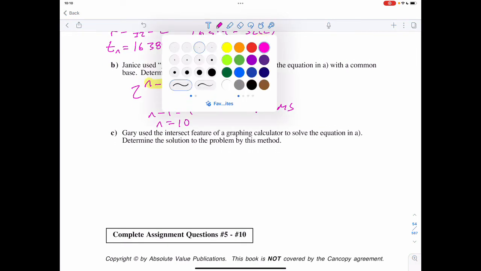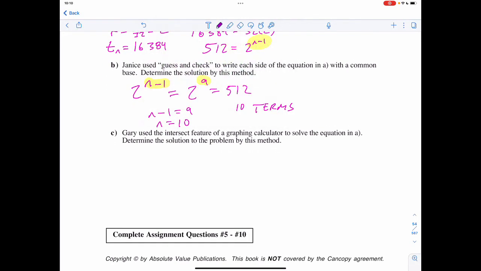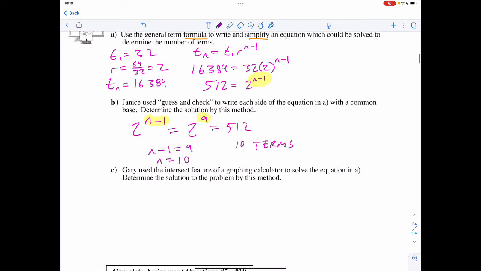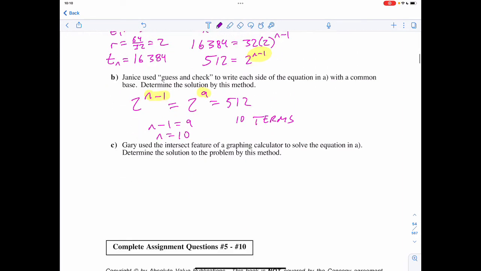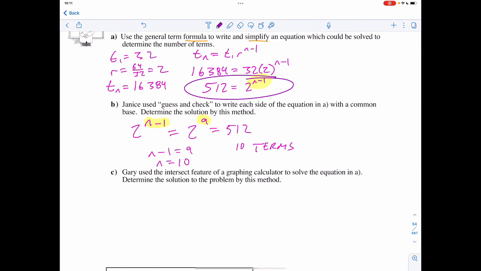Gary used a graphing calculator to solve this, where he said that the left side and the right side of this equation have to be equivalent, which means that he can create two functions and then solve for where the functions intersect.